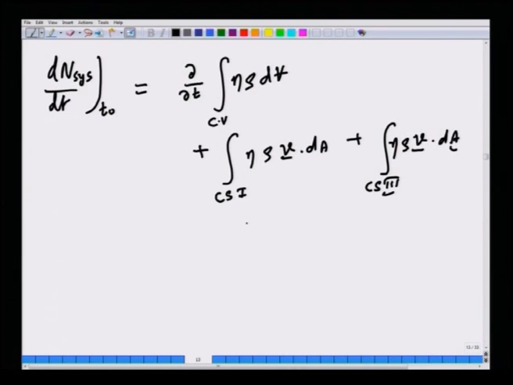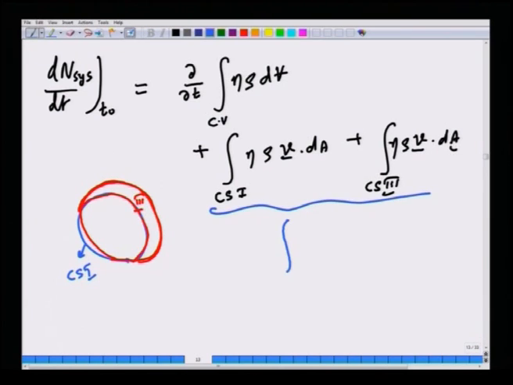Now, CS1 and CS3 together form the entire control surface, because this was the system and this was the CV. This part was control surface 3 and this is control surface 1, which was deleted, the one that is created. So, this will form the entire control surface of the CV. So, this is simply the integral of eta rho v dot dA.